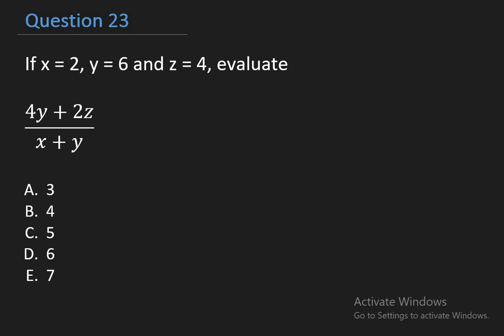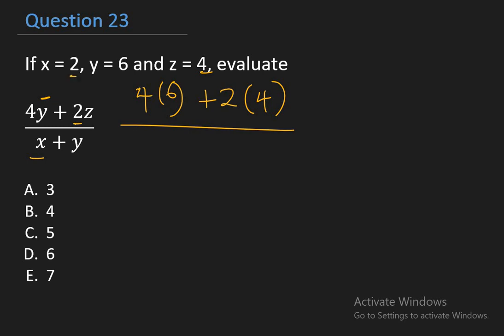Question 23. If x is equal to 2, y equal to 6, and z equal to 4, evaluate (4y + 2z)/(x + y). Where you have y, replace it with 6. Plus 2, where you have z, replace it with 4. Divide by x, where you have x, replace it by 2, plus y, where you have y, replace it by 6.